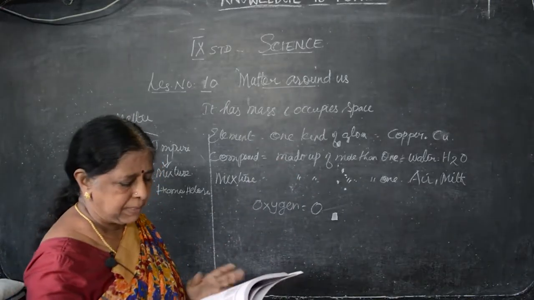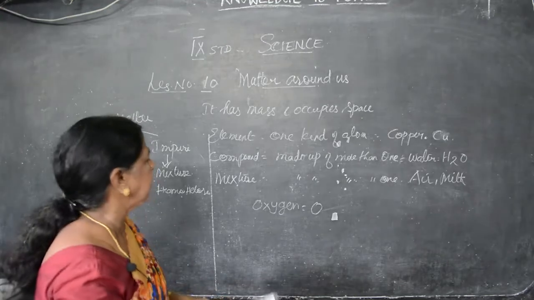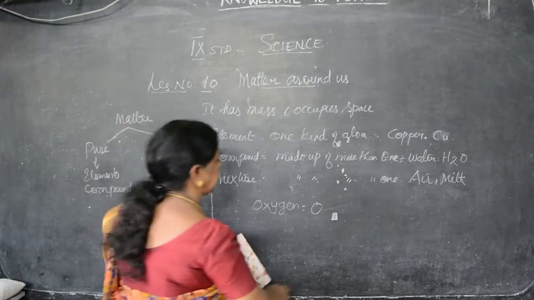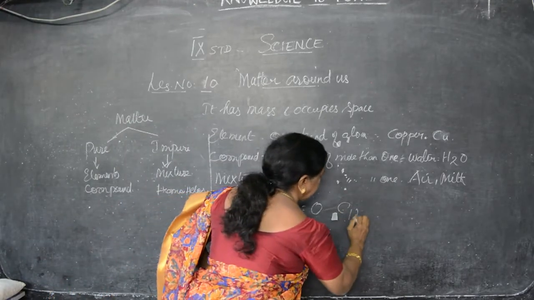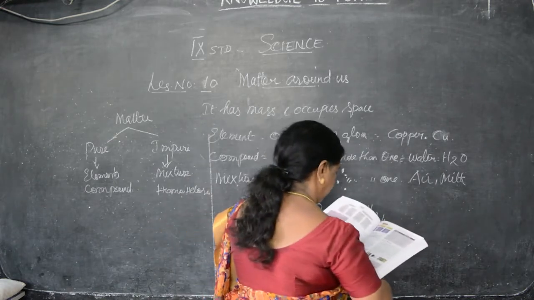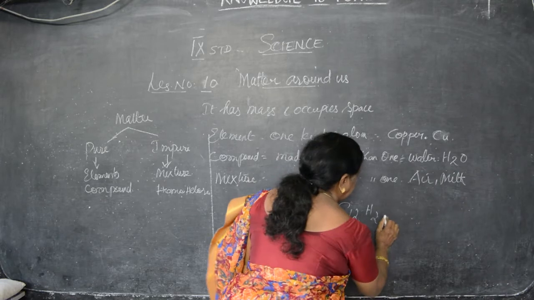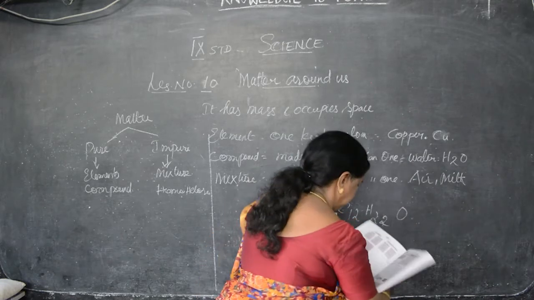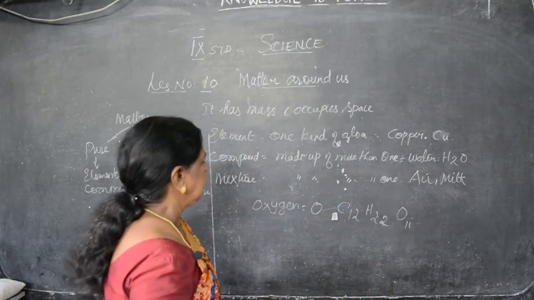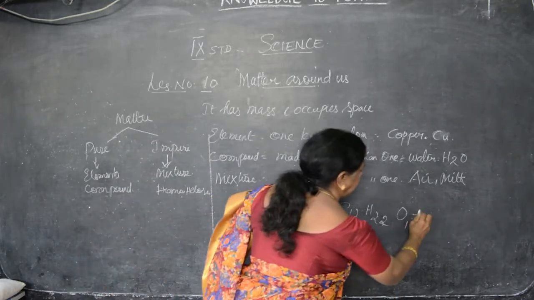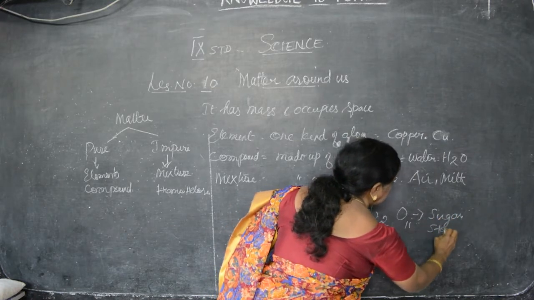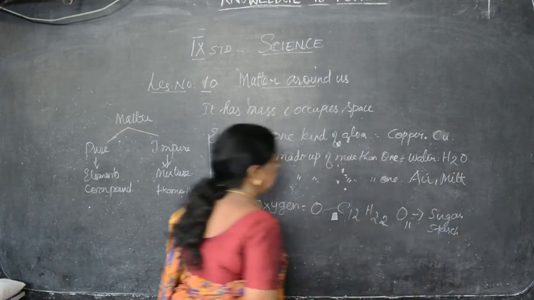So compounds, we can see many examples. For example, the chemical formula for sugar, sucrose, is C12H22O11.